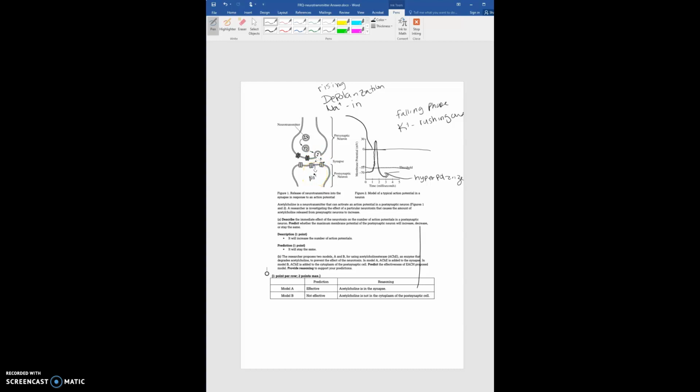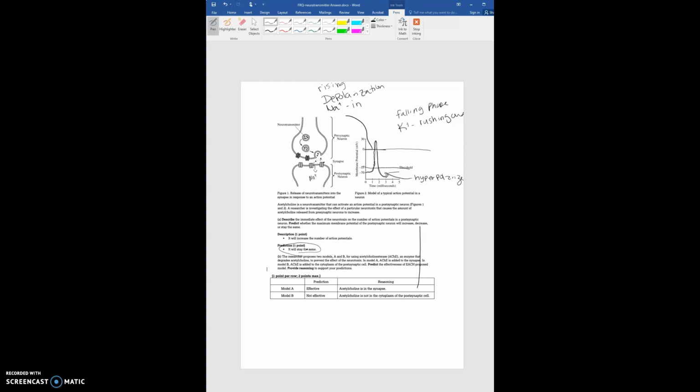However, it says, will the maximum membrane potential increase, decrease, or stay the same? So this is the maximum potential. This is going to stay the same. Remember that we have factors that create the resting potential. There are the sodium potassium pumps, which are going to be regulating the amount of ions going in and coming out.